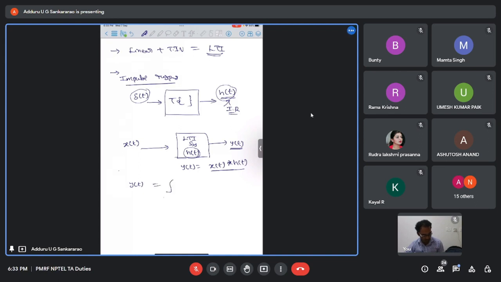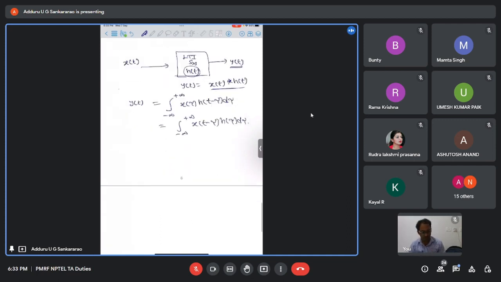Minus infinity to infinity x of tau h of t minus tau d tau, or minus infinity to plus infinity x of t minus tau h of tau d tau. Assume that you know very well about convolution and how to do it.